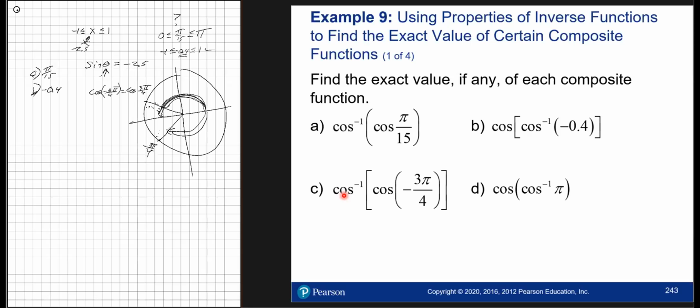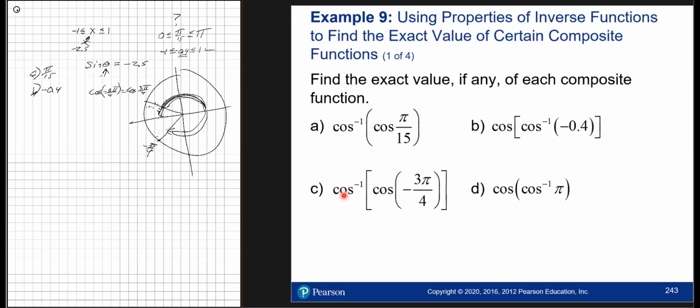To find the range, we use the fact that the domain of f inverse equals the range of f. Well, the range of f is between -1 and 1.